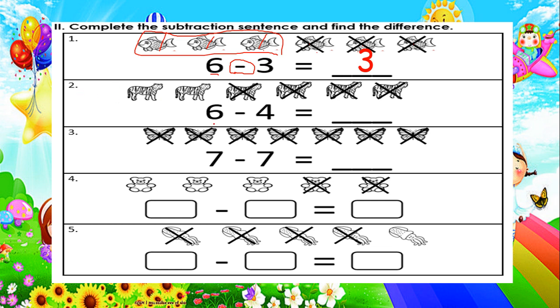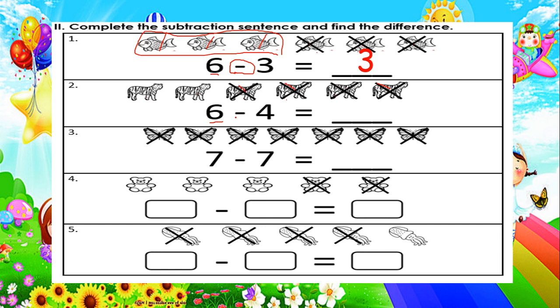Okay, next. Let's go to number 2. So again, you have 6 minus 4. So you have here 6 as your first number, which means you have 6 tigers. 1, 2, 3, 4, 5, 6. Minus 4. It means you take away 4 tigers. So you can see 4 x's here. 1, 2, 3, 4.